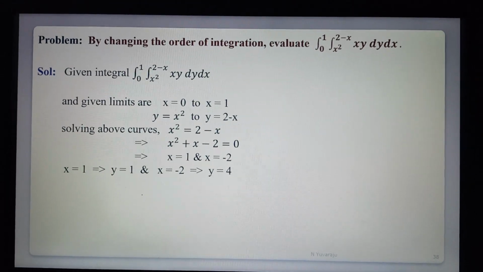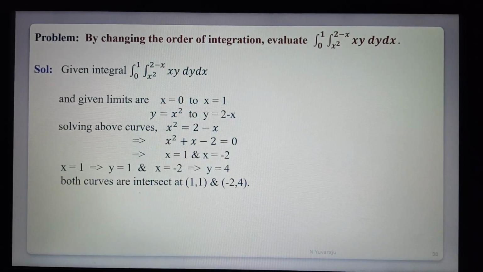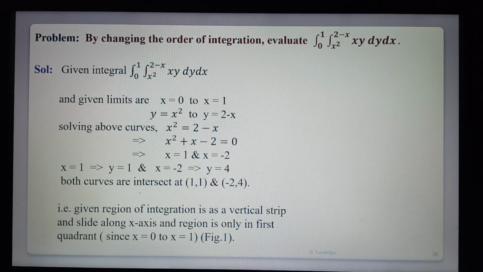Both curves intersect at 1 comma 1 and minus 2 comma 4, so we choose only 1 comma 1 and do not take minus 2 comma 4. The given region of integration is a vertical strip sliding along the x-axis, and the region is only in the first quadrant because x is 0 to 1.